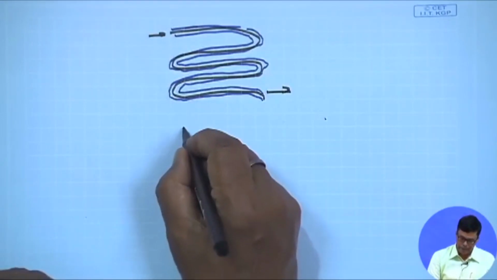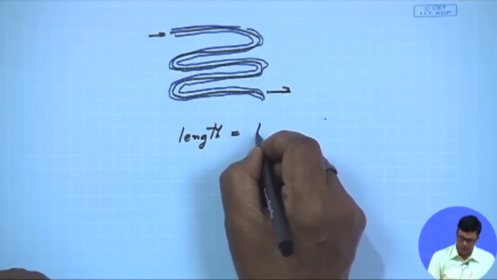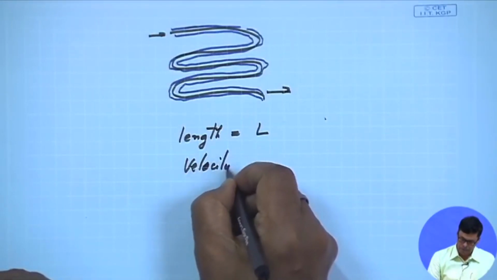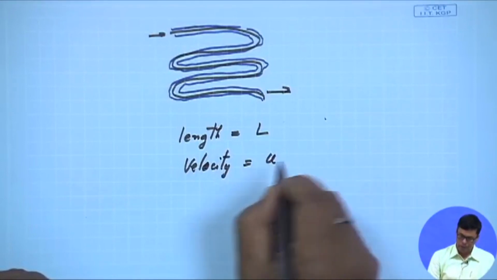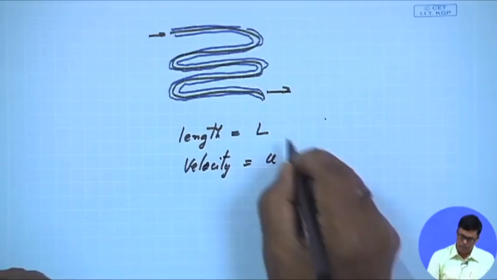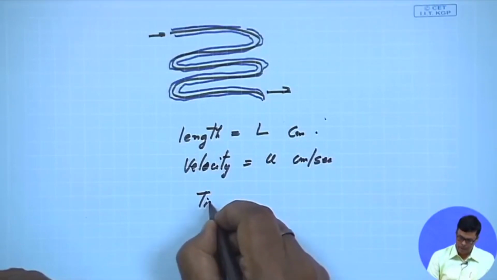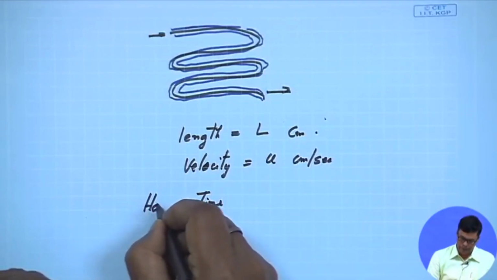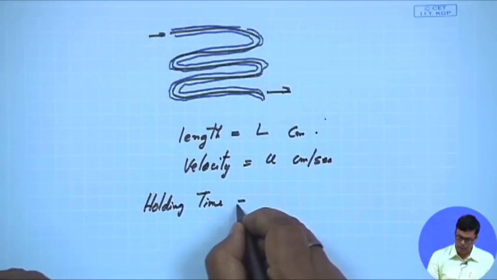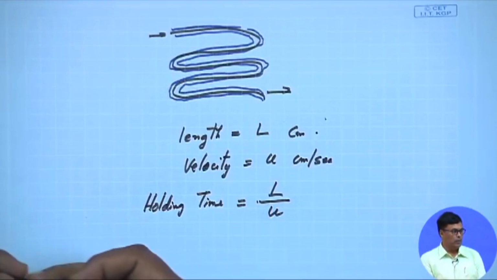If you know the length of the pipe, suppose it is L, and the velocity of the liquid, U, the unit of velocity being centimeter per second and of length centimeter, then the holding time the liquid resides in the holding section is L by U. So you can easily find it out.